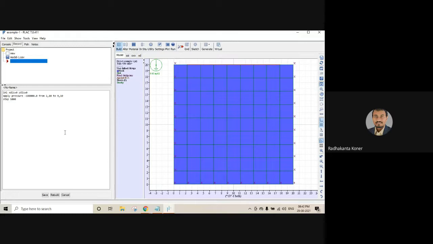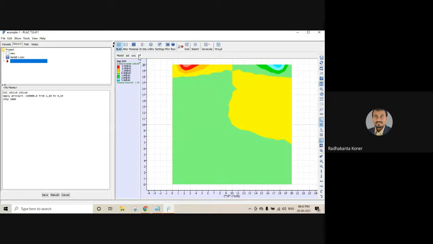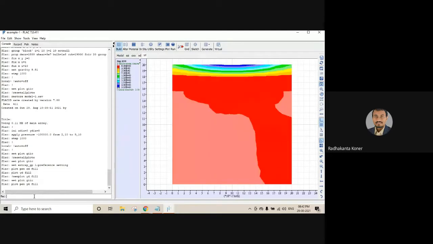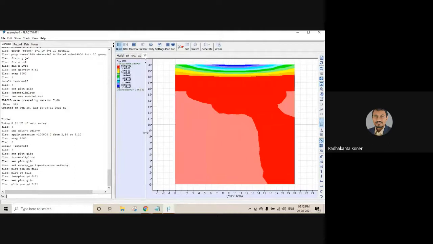So now show the YD displacement, YD tilt. So you see, initially on the top, the pattern of the contour of the Y displacement is parallel. Pattern of the Y displacement is more or less the same.